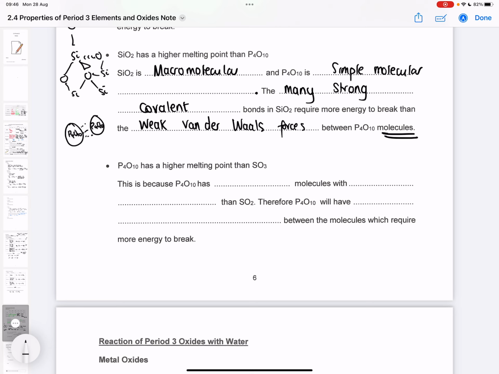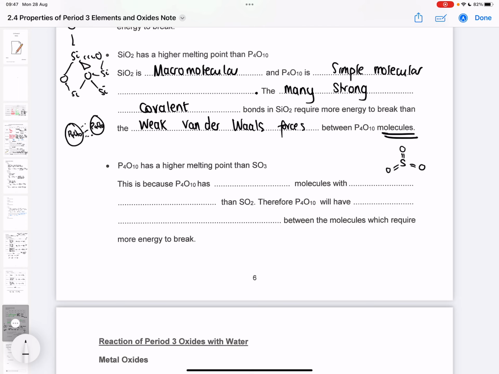When we compare P4O10 and SO3, we find that P4O10 has a higher melting point than SO3, even though they're both simple molecular and both symmetrical. SO2 is not symmetrical, but SO3 is symmetrical, because SO3 is trigonal planar like this.